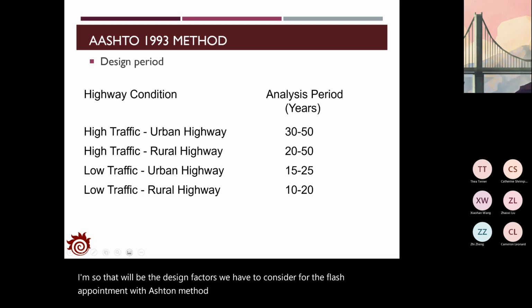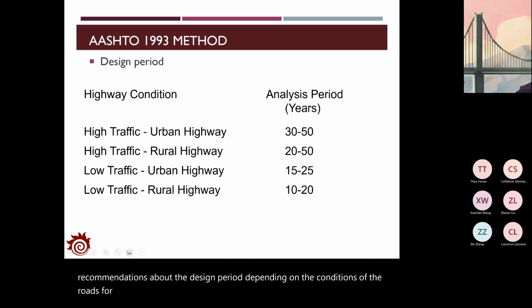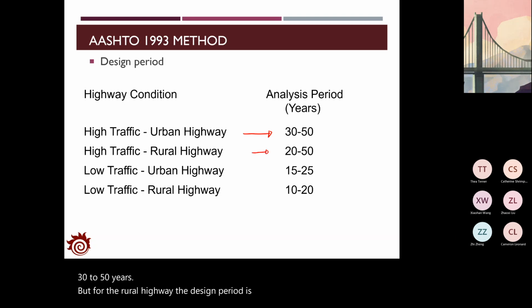And we also have some typical recommendations about the design period, depending on the conditions of the roads. For example, for an urban highway with high traffic, usually the design period is around 30 to 50 years. But for the rural highway, the design period is shorter, only around 20 to 50 years.